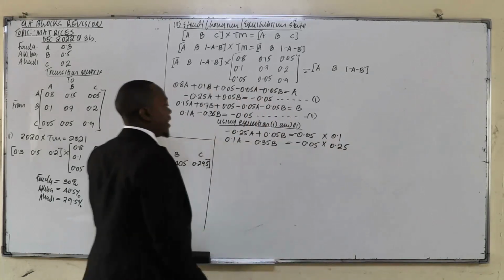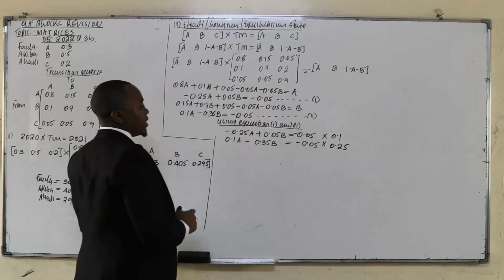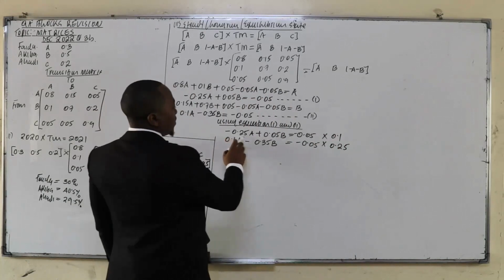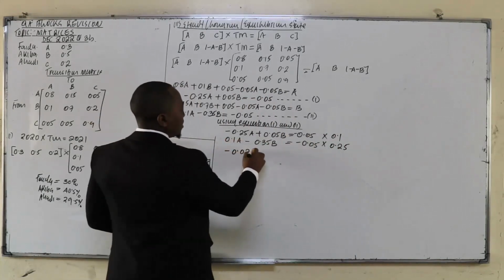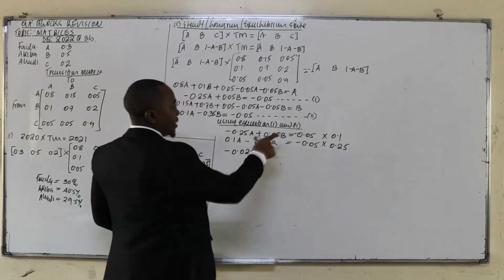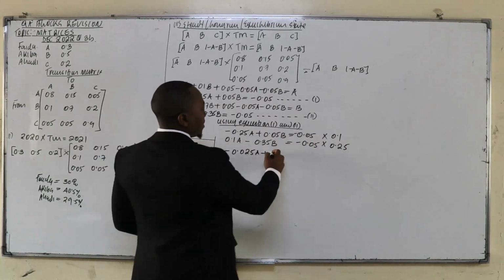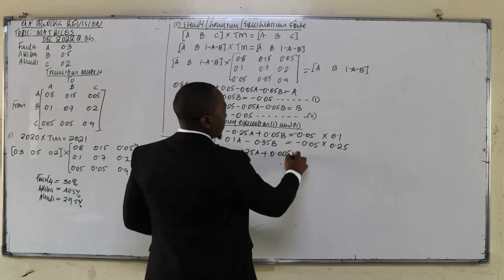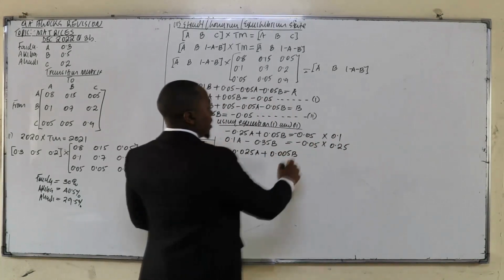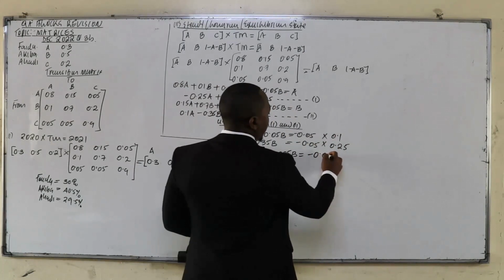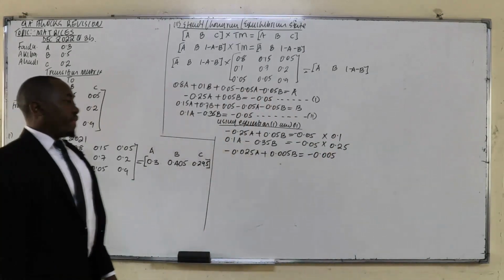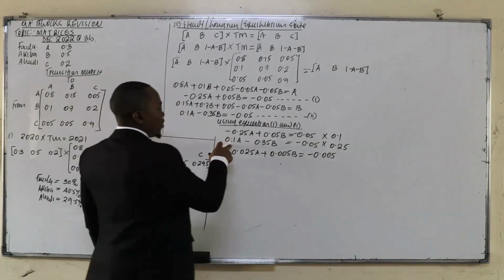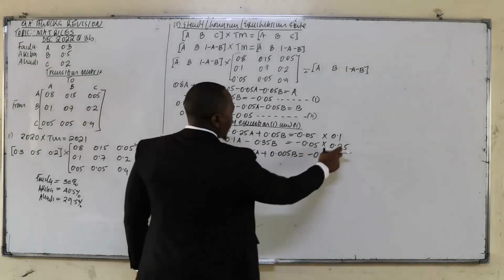So it will be negative 0.25A times 0.1, you get negative 0.025A plus 0.005B is equal to negative 0.005. That's 10%. The second one, you take all the elements and multiply by 0.25.